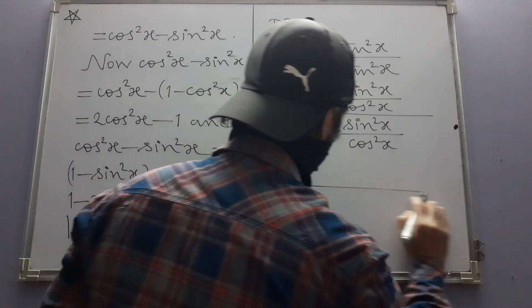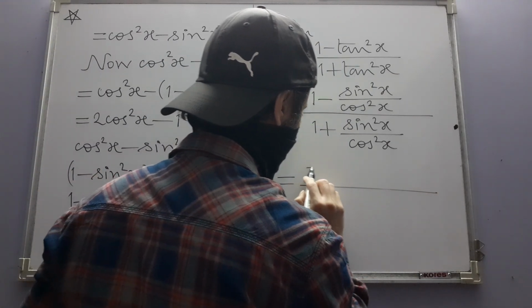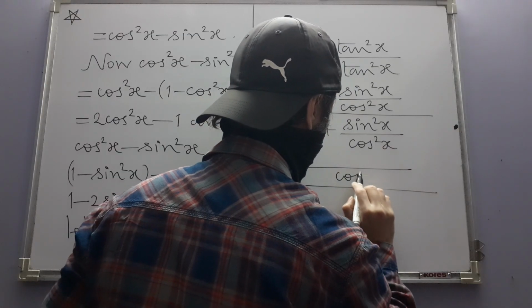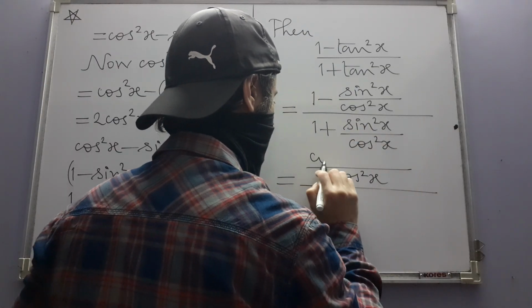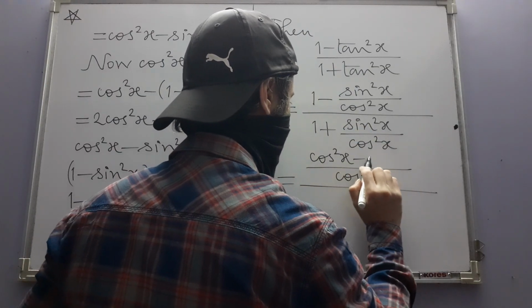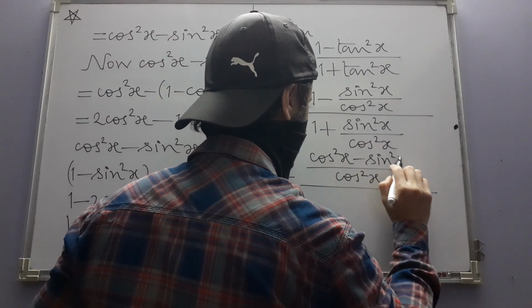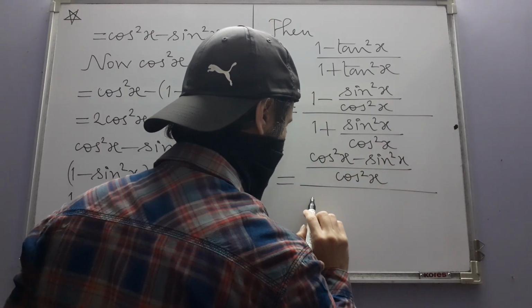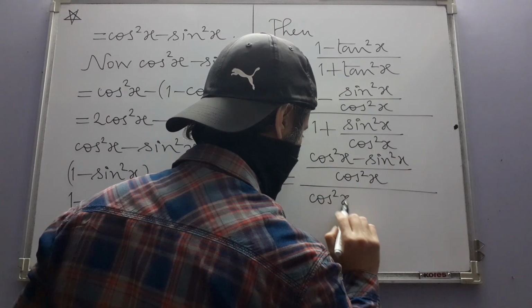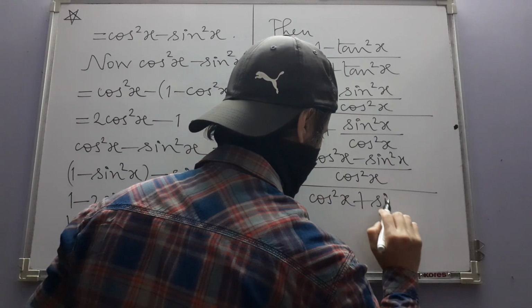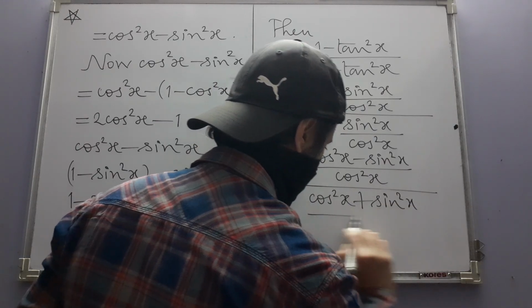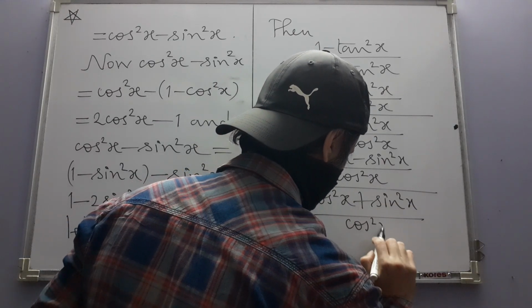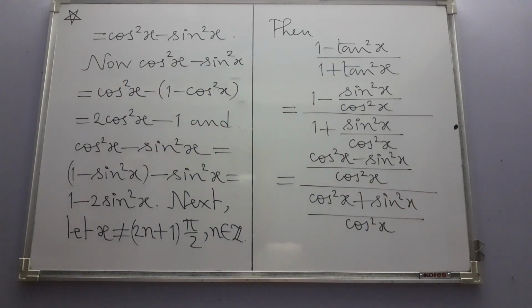And now it's just a matter of simplification. Minus sine square x, and here we are going to have in the denominator this. What will happen now?